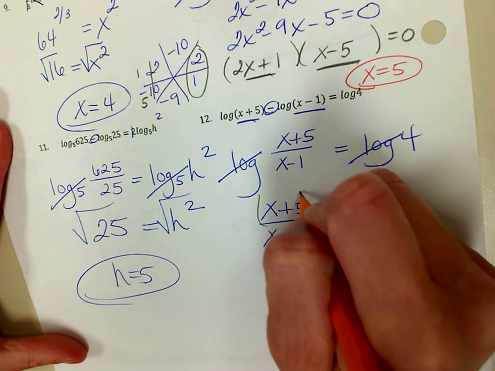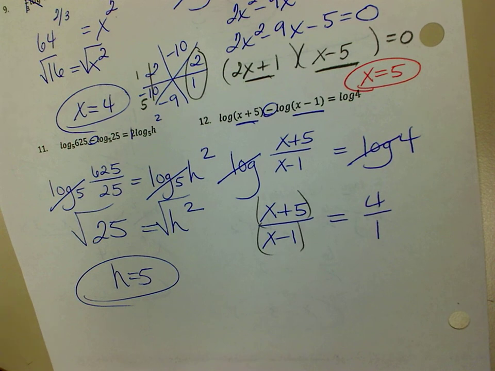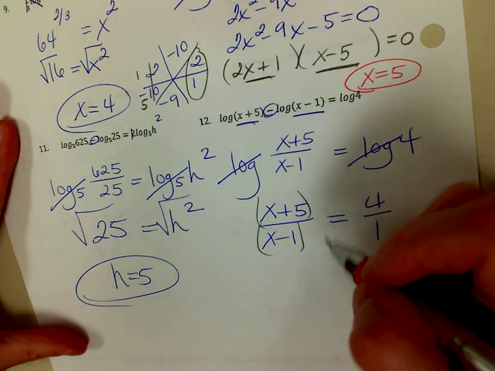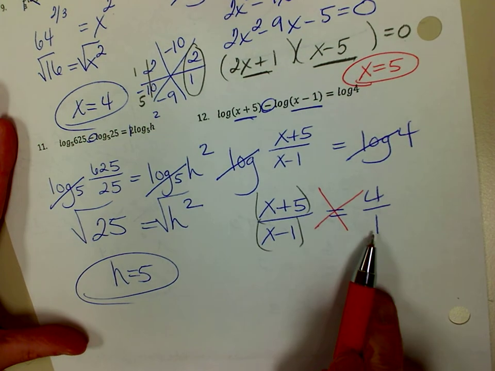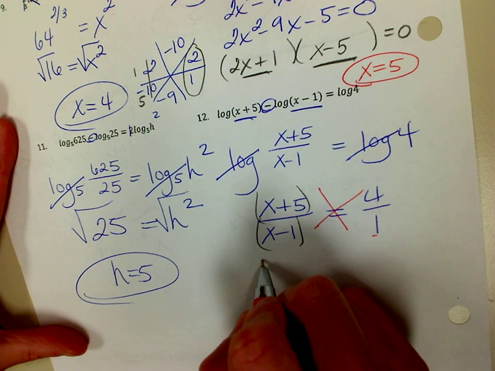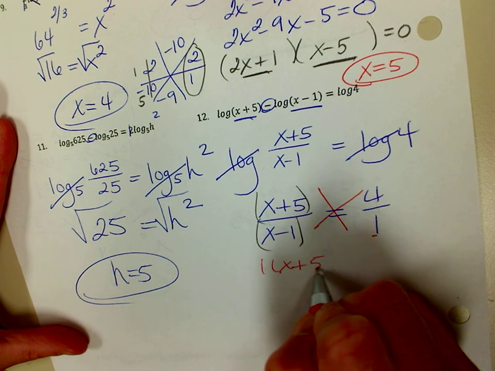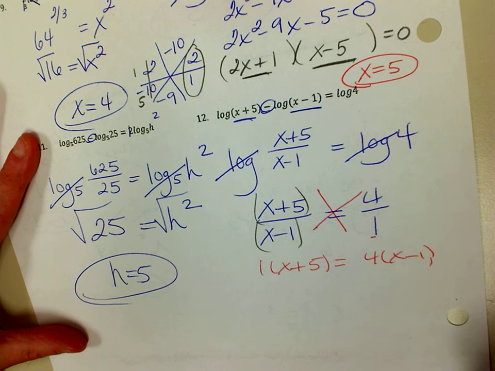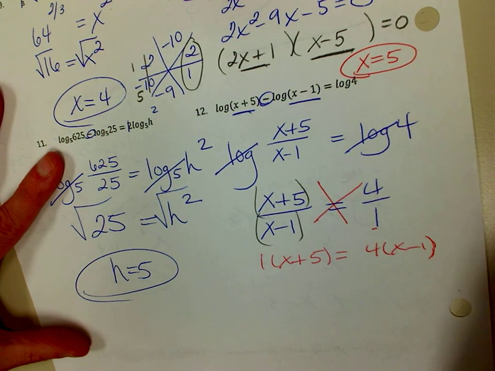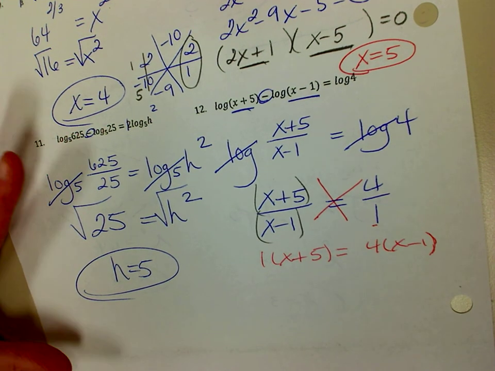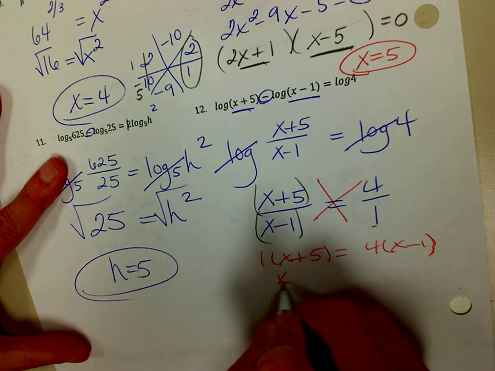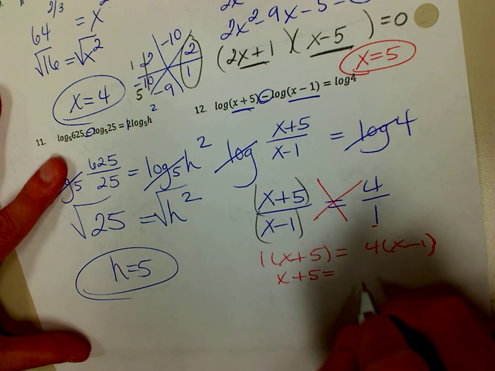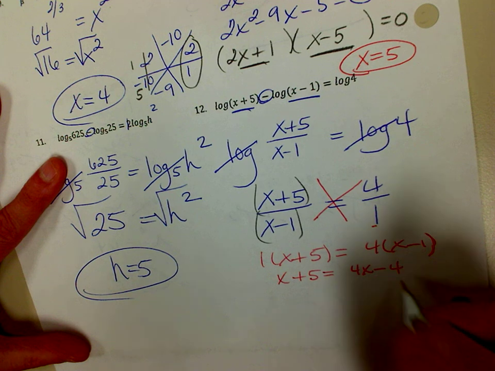What I'm going to do from here is put parentheses around those because then I'm going to have to cross multiply. I'm going to take 1 times x plus 5, and then 4 times x minus 1. So really my fraction just goes away. I'm cross multiplying. If I distribute, I get x plus 5 on the left, 4x minus 4 on the right.